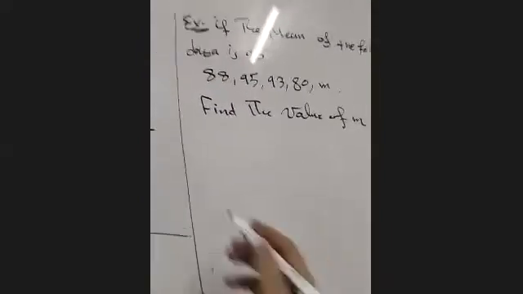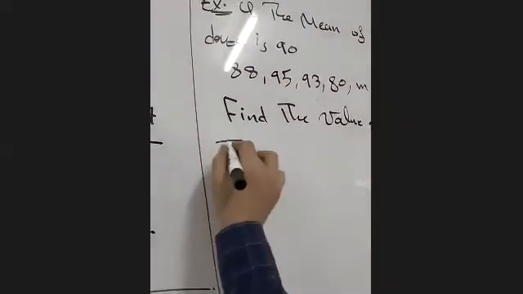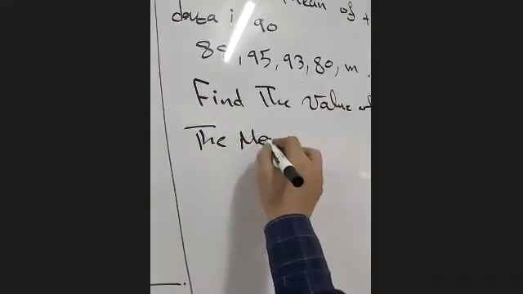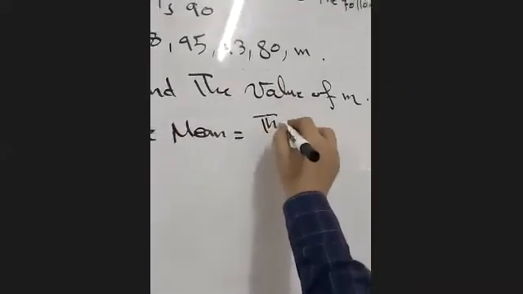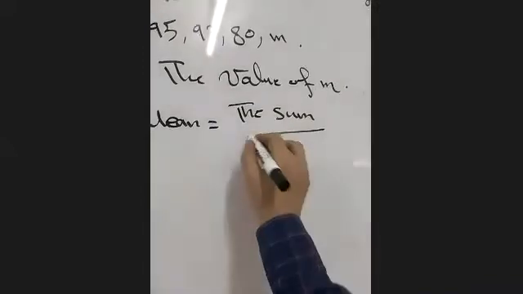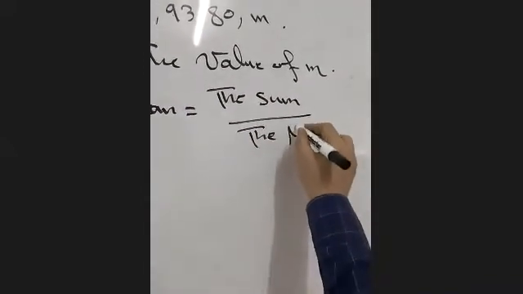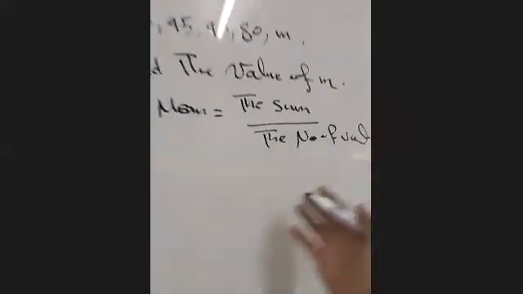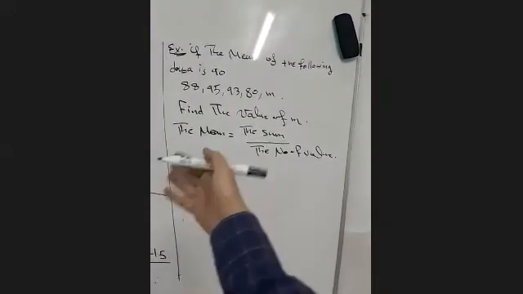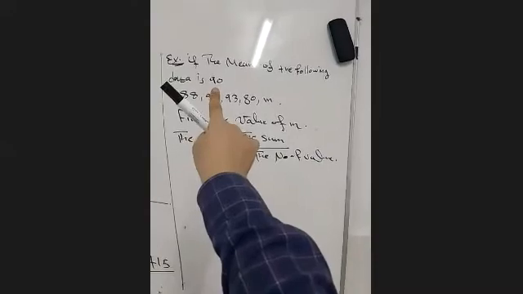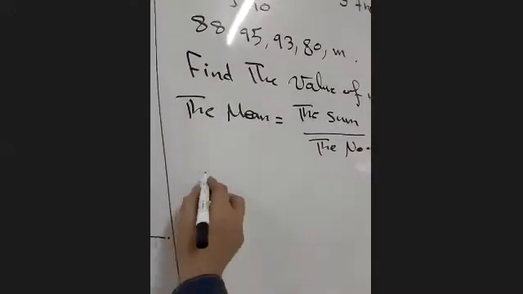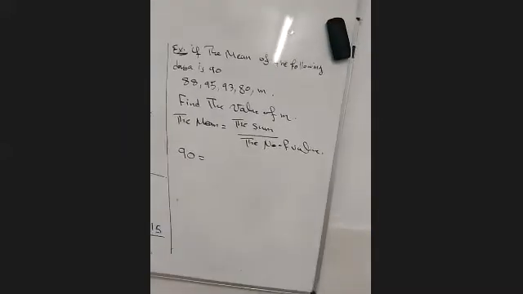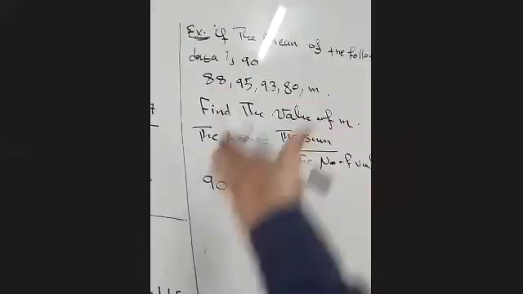So here, the mean equals the sum over the number of values. We know that. But what is the mean? The mean is 90. So here I'll put 90 equal. In place of the mean, 90 is given.